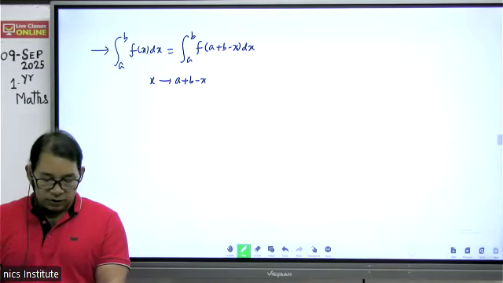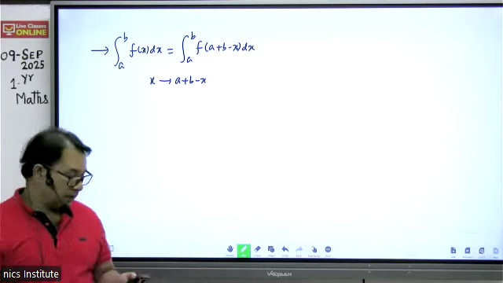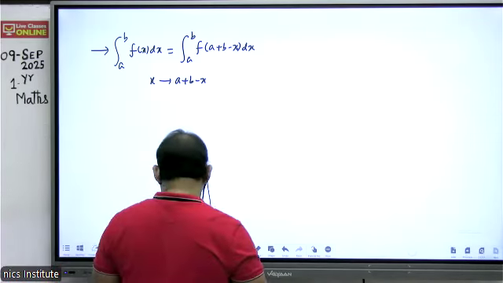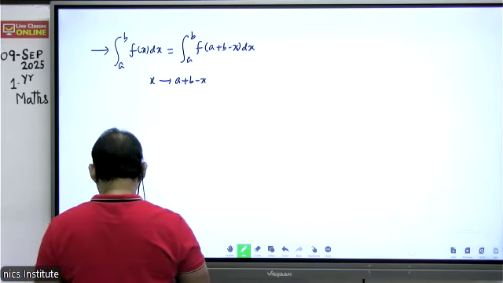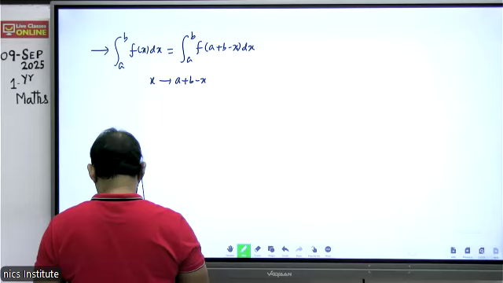There'll be one question in boards especially where they say to use the property and answer. As far as entrance exams are concerned, you can answer anyway, because there are some integrals which can't be integrated otherwise, but using the property they become very simple. So let's answer questions based on this property.